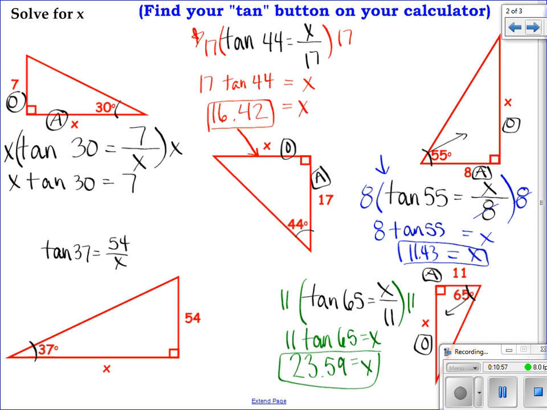Let's think about it. We've got x tan 30 is one item. That's a number. If you put it in the calculator, you get a decimal answer. So right now, they're being multiplied. So to undo that, we're going to divide by tan 30 on both sides to get our answer.